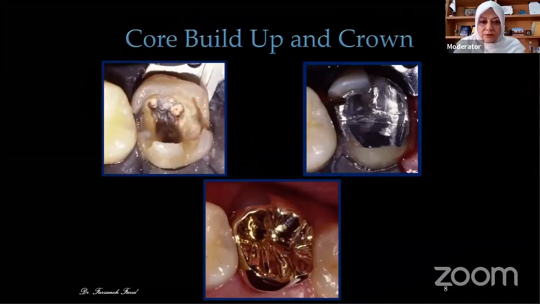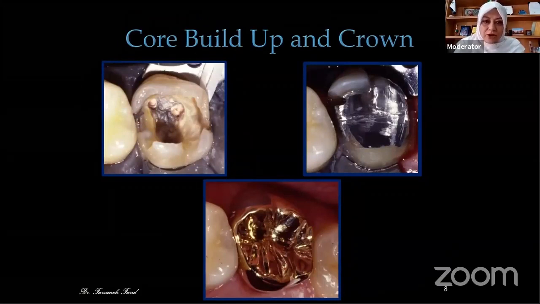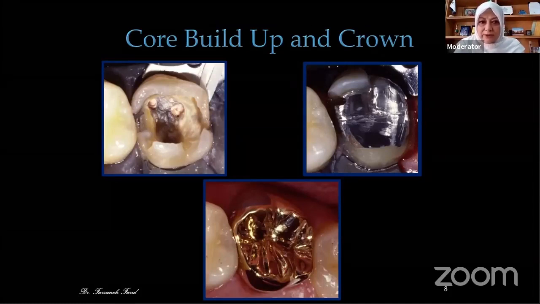When the cavity is large, however, but we have some tooth structure all around, we can build up the cavity with restorative materials and then prepare the axial walls for a full coverage or partial coverage crown.